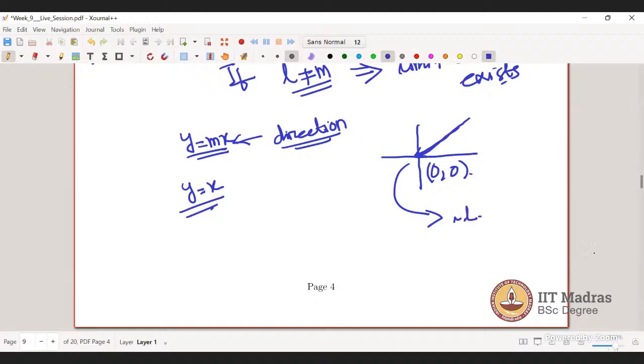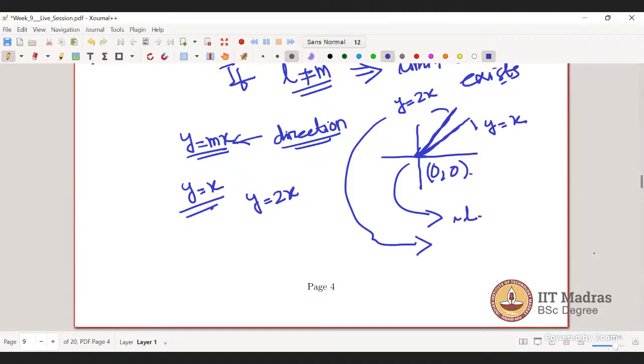If you take some other line, maybe y equal to 2x, this will be a different line from the previous one. When you come to 0,0 using this line, y equal to 2x, you'll get a different limit.